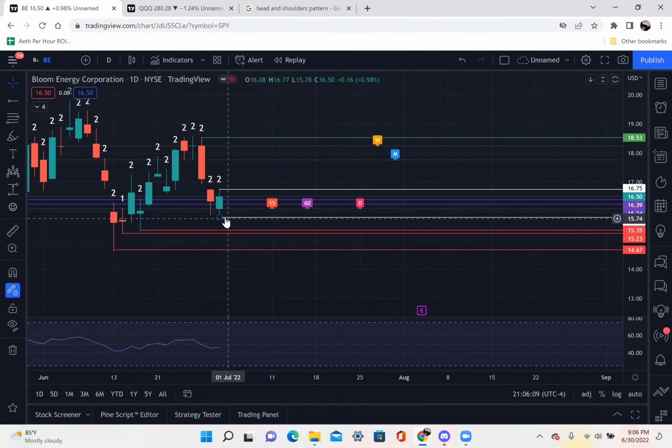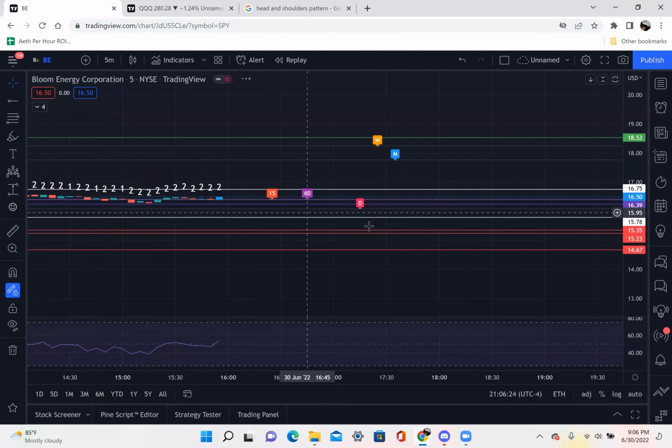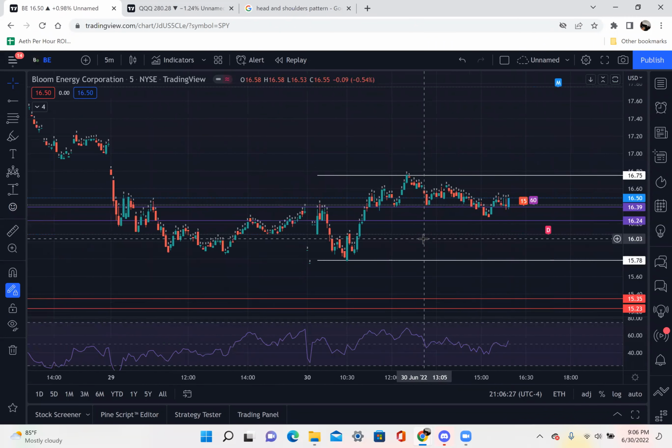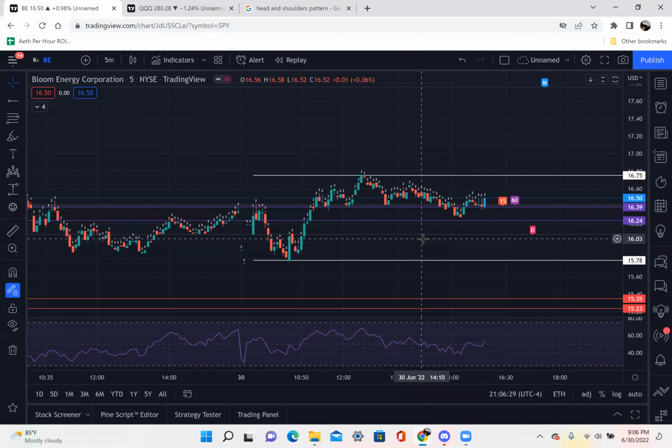This is my entries, entries for puts, entries for calls, and you see how I use the bottom of the wicks for everything here? It's because that's where the price is going to stop. But as I go into smaller time frames, if I'm talking support and resistance, I'm going to use the bodies of the candles because the wicks are just fake outs, if that makes sense.